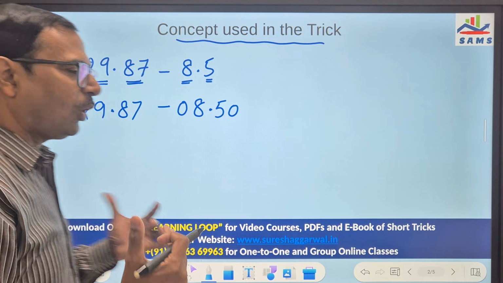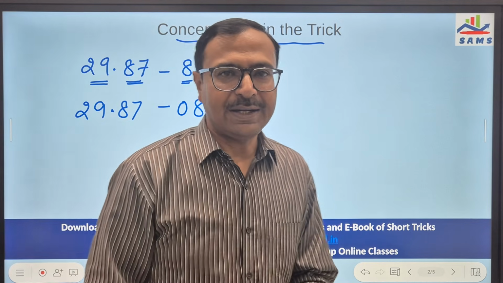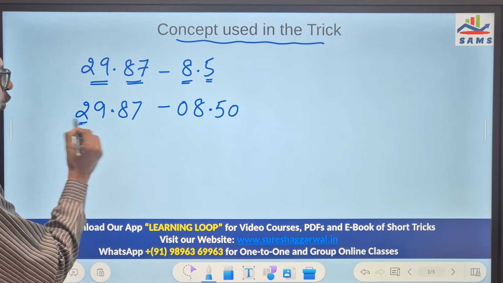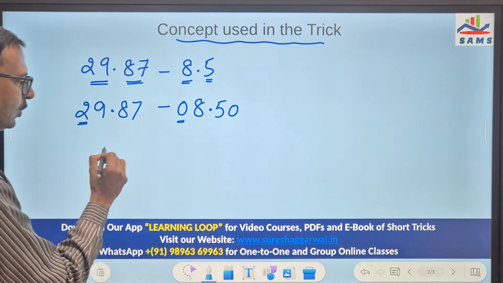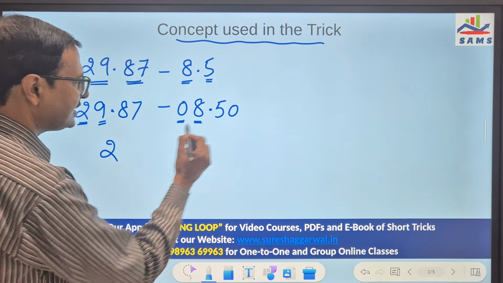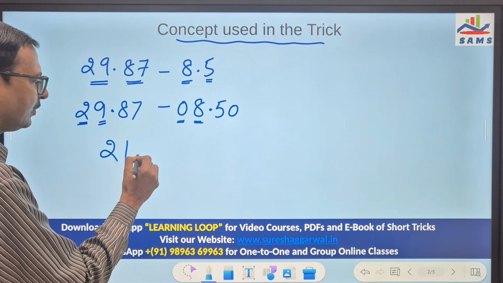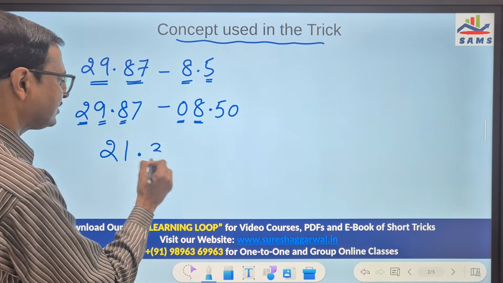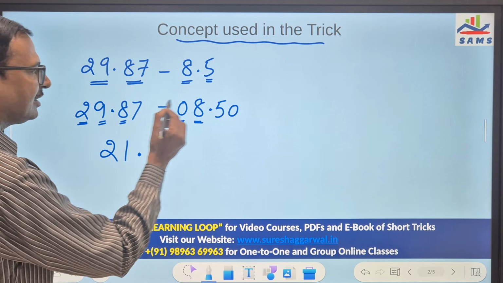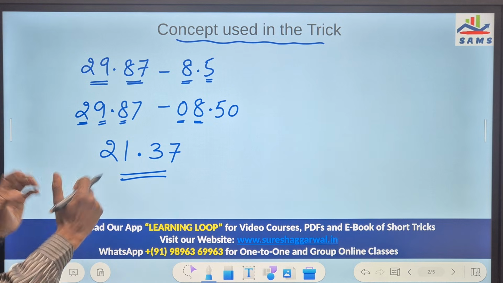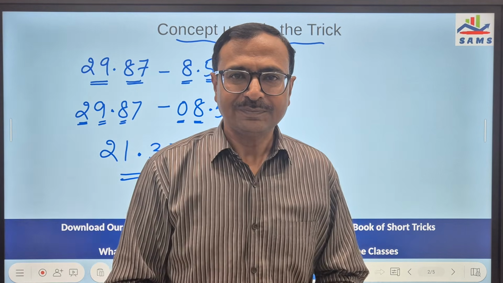Now it becomes all the more easier for me to handle these decimals. How? I will go position wise. 2 minus 0 is 2. 9 minus 8 is 1. Then the decimal. 8 minus 5 is 3 and 7 minus 0 is 7. So 21.37 is the answer for the question.